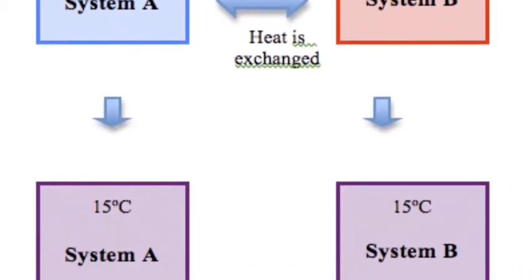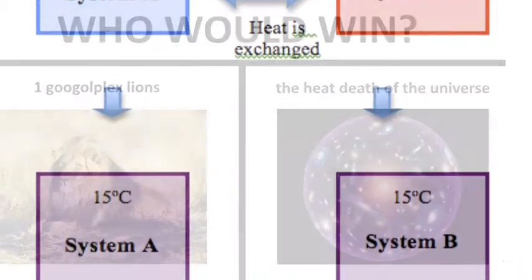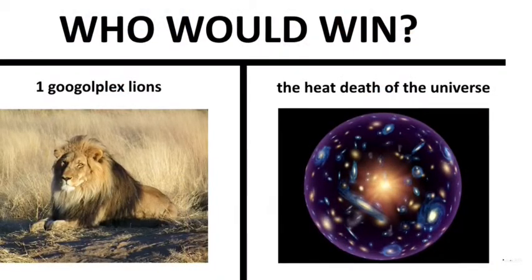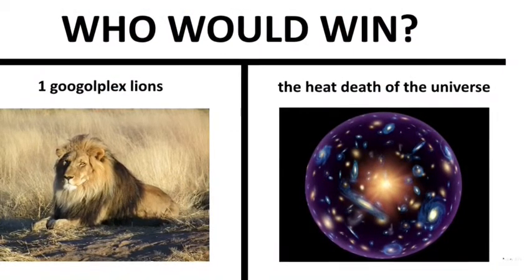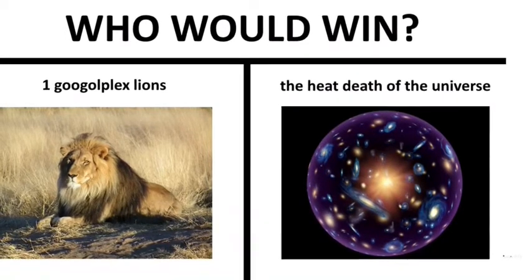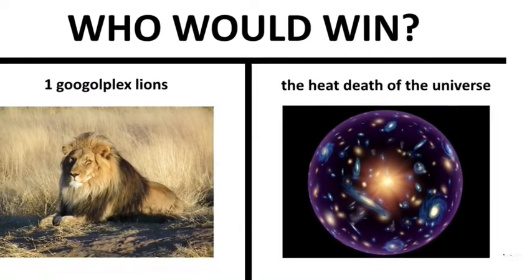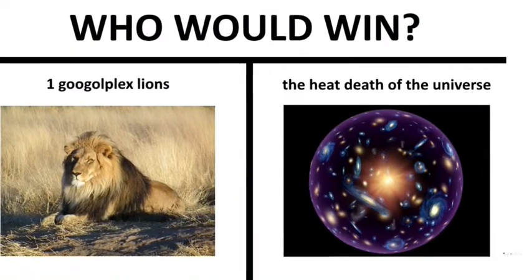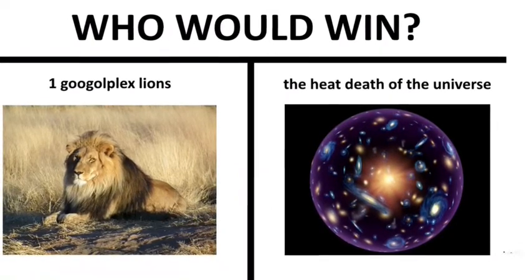We could also relate this concept to the heat death of the universe, because as the energy is transferred, eventually there will be no useful energy to be taken advantage of, and the universe will supposedly stop.